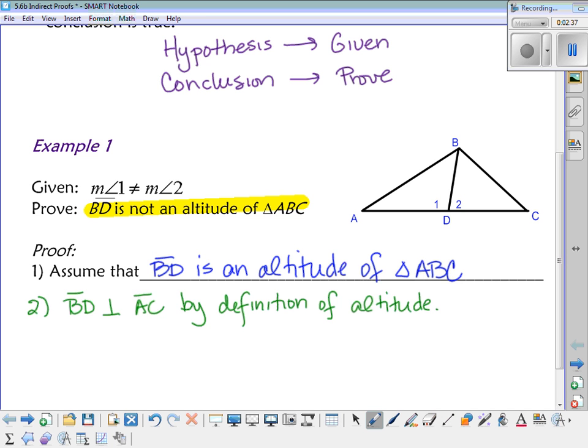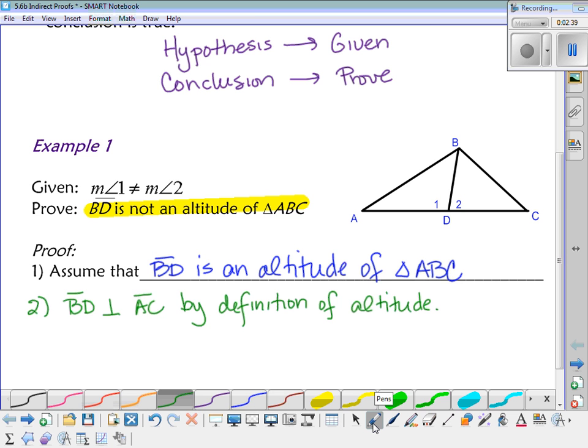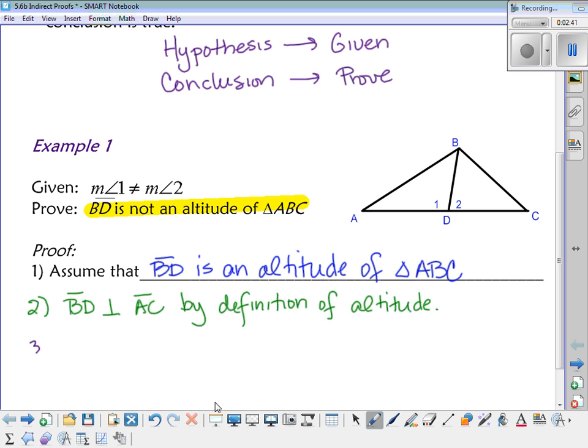And if they're perpendicular, that means I have right angles. So angle 1 and angle 2 would have to be right angles, because perpendicular lines form 4 right angles.